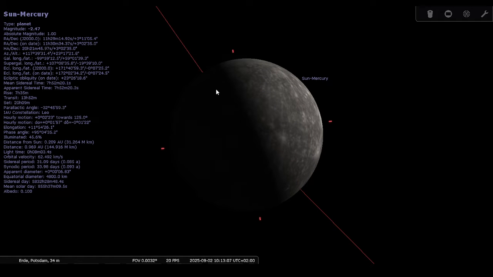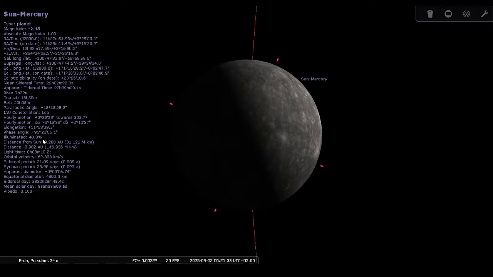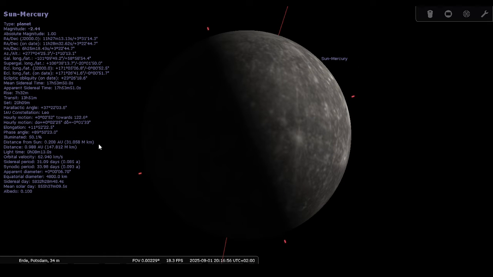And it's also at dichotomy, about 50% illumination. In Greek, dichos means two and tomis means divided. It's divided in two halves. One half is illuminated and the other half is in the dark.